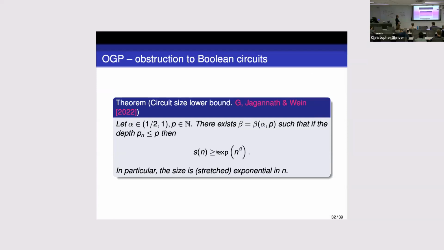That's one implication. If in addition, in the same setting, you require that the circuit has size at most a constant p, then its size itself should be nearly exponential, in n to the beta for some constant beta. Okay, so that's the main result.